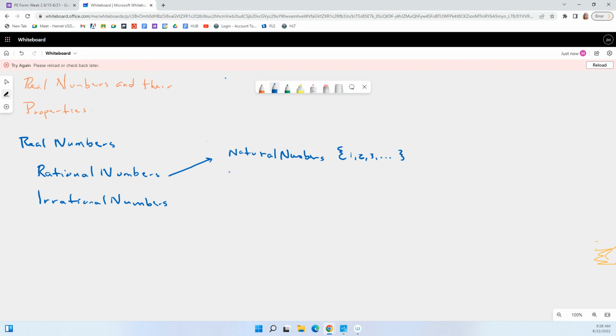The next set you're going to have is the whole numbers. The whole numbers are just like the natural numbers, but with one more number in it. Can anyone guess what that number might be?